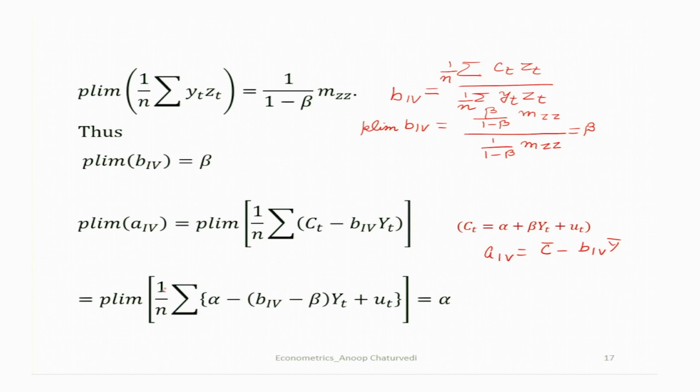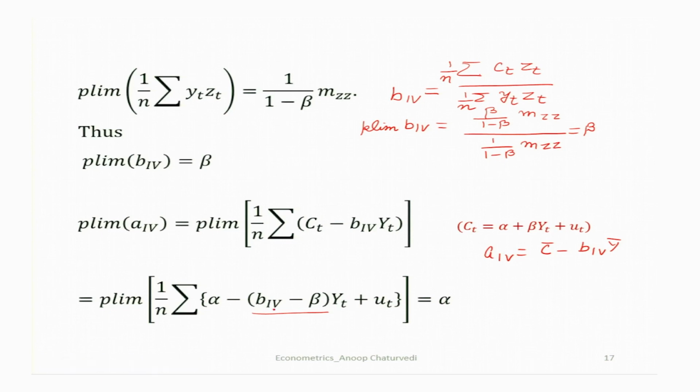So, we get the probability limit of (1/n) summation alpha plus beta y_t. So, we adjust beta here plus u_t, and then you have B_IV y_t here. So, you get minus (B_IV minus beta) y_t here.